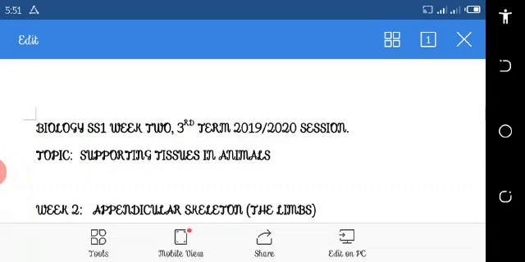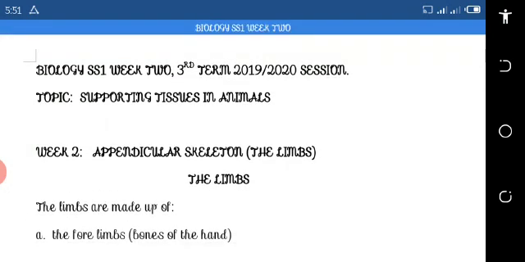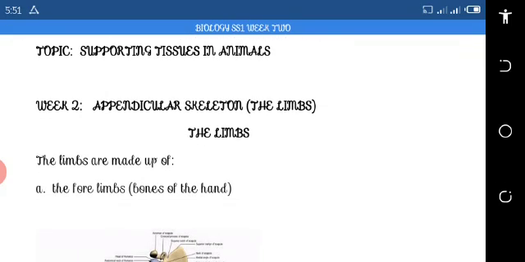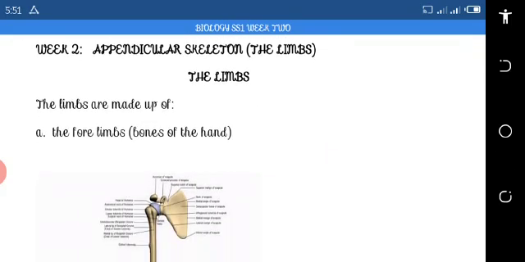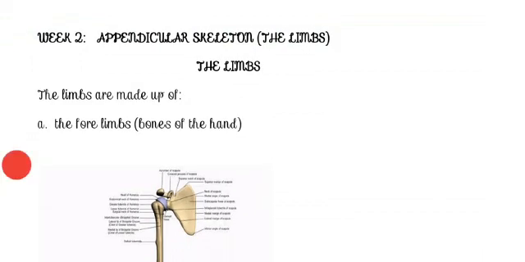This week, we shall be treating supporting tissues in animals under the subtopic, the limbs. When we are talking about the limbs, we are talking about the forelimbs and the hind limbs.